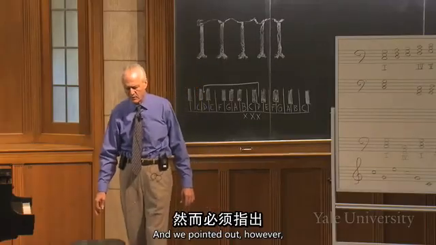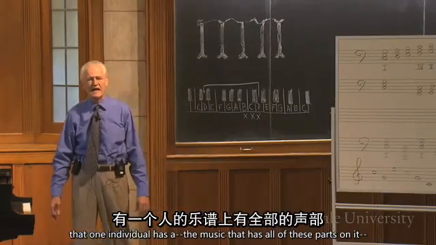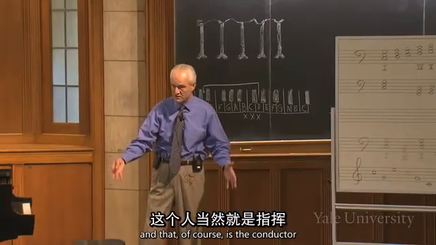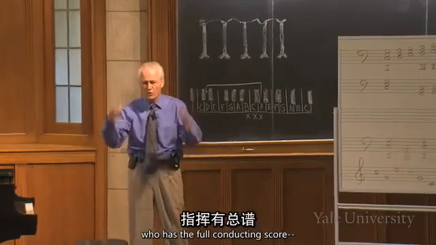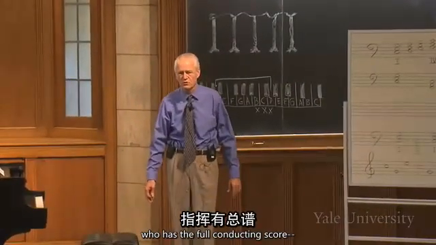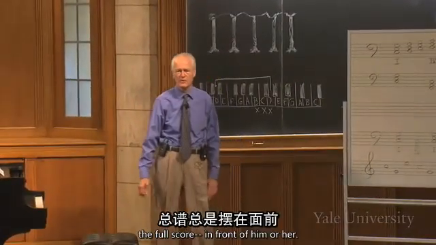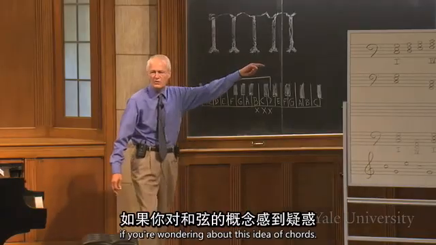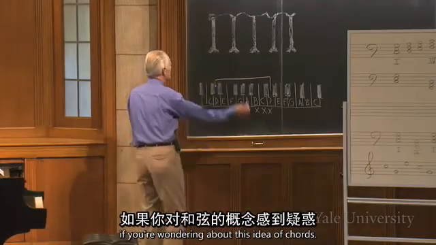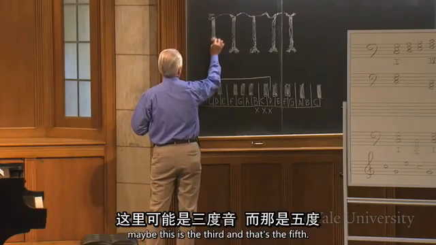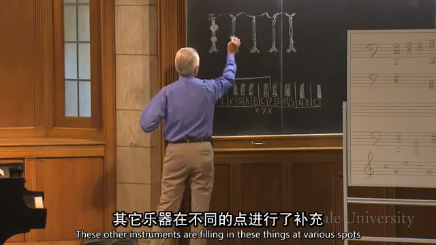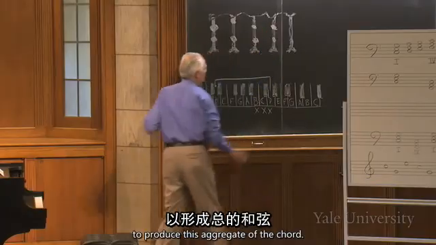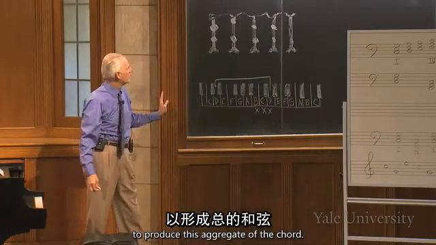And we pointed out, however, that one individual has the music that has all of these parts on it, and that, of course, is the conductor who has the full conducting score, the full score in front of him or her. So that was one interesting question that came up. So keep this in mind if you're wondering about this idea of chords. So we could say this is the root, maybe this is the third, and that's the fifth. These other instruments are filling in these things at various spots to produce this aggregate of the chord.